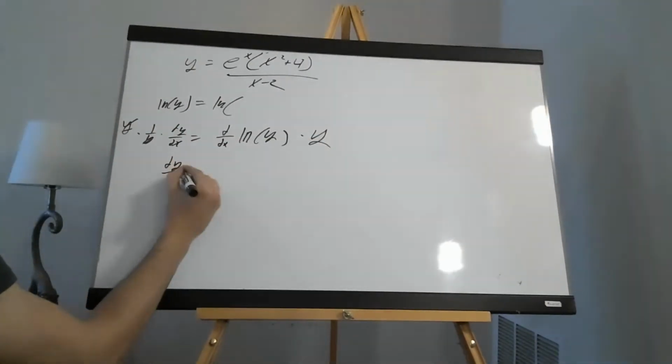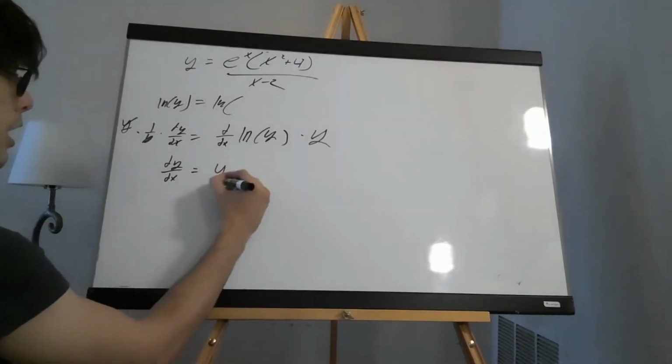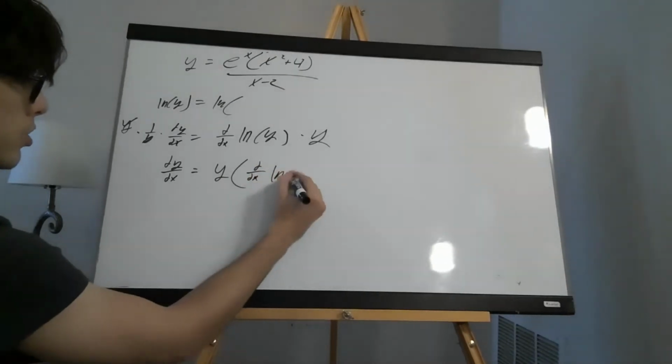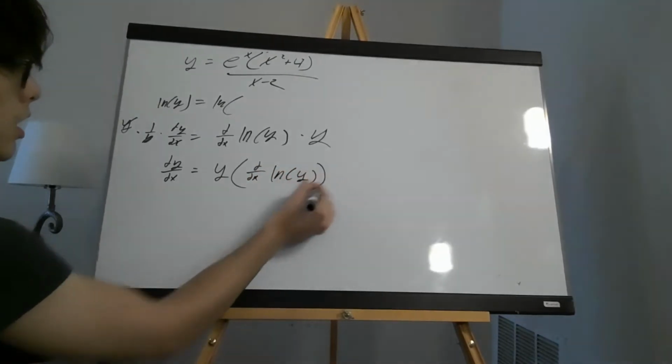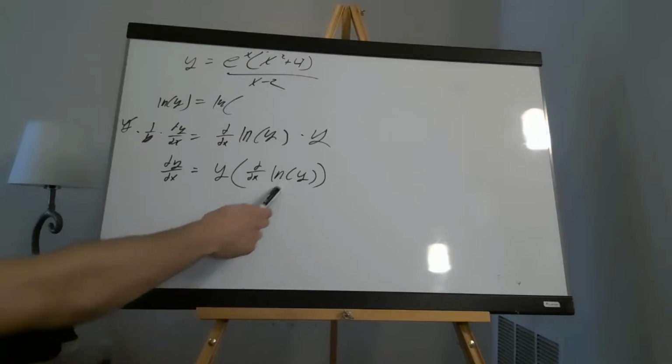Which leaves us with dy dx equals y times the derivative of the natural log of y. That right there is the entire premise behind logarithmic differentiation. Just to put it into terms, the reason we are able to exploit that rule is because the derivative of y is equal to y times the derivative of the natural log of y.